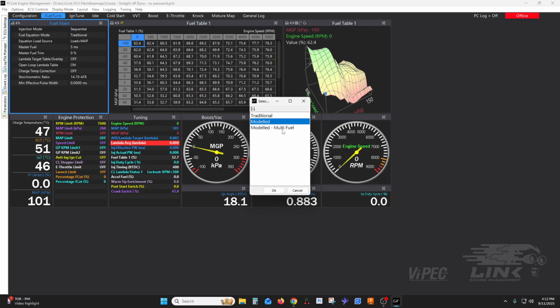So that's why it's called modeled, because it has a bunch of different parameters.